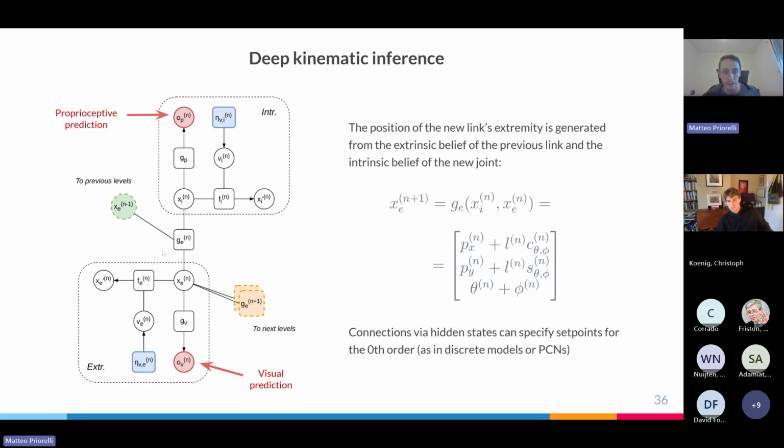And you see that each level predicts proprioceptive predictions and visual predictions of that joint, and we have still a decomposition of different dynamics. And you see that the connections here are done between hidden states, which allow us to specify set points for the zeroth order. And this is like discrete active inference models or predictive coding networks.